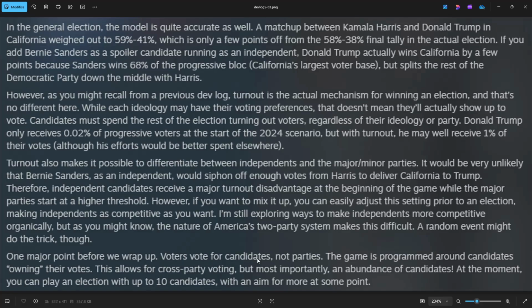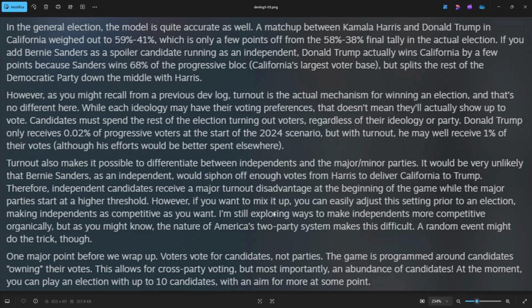Voters vote for candidates, not parties. The game is programmed around candidates owning their votes. This allows for cross-party voting, but most importantly, an abundance of candidates. At the moment, you can play an election with up to 10 candidates, with an aim for more at some point.